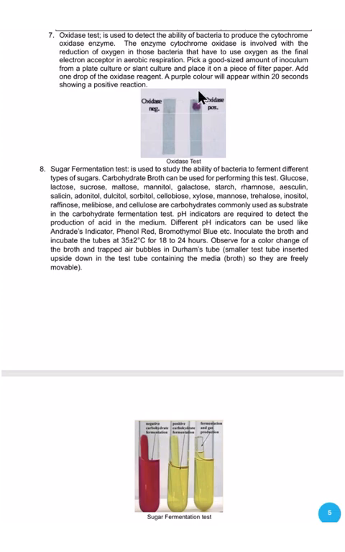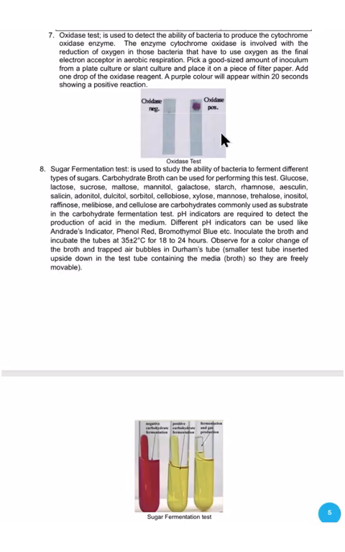So if the color of the culture or the inoculum on the filter paper changes into a purple color within 20 seconds, very fast, that means the bacteria is oxidase positive. If it didn't change, that means it is negative.